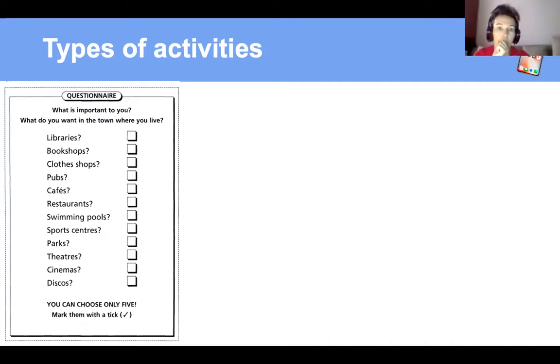Elementary. What kind of language is here? What is the target language? Cities, present simple. Could you be more specific with present simple?